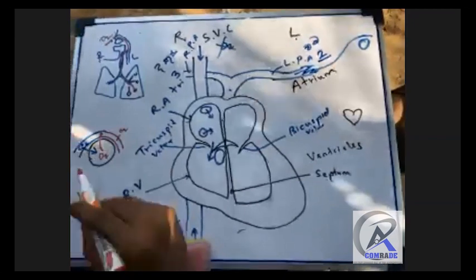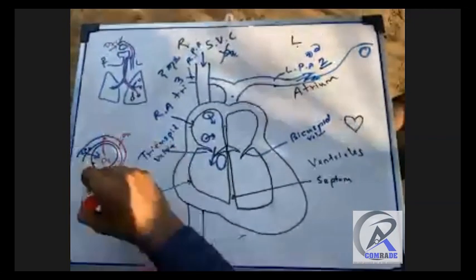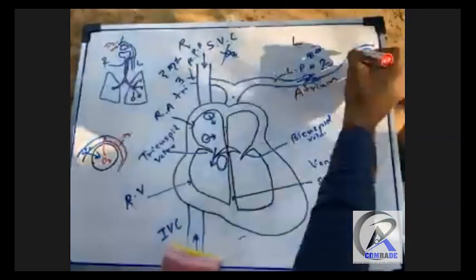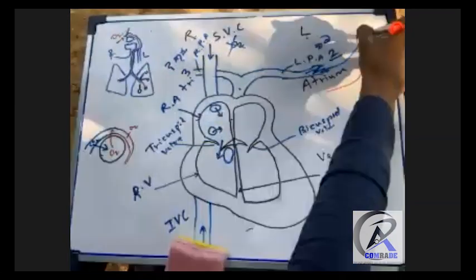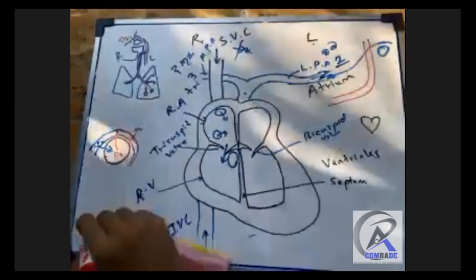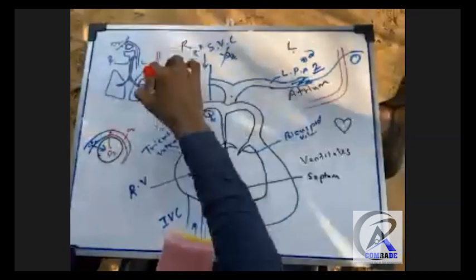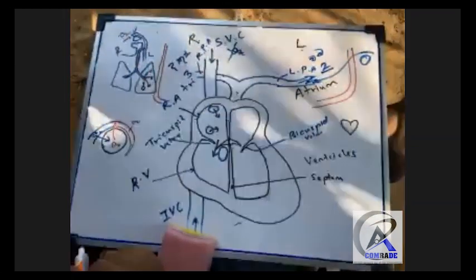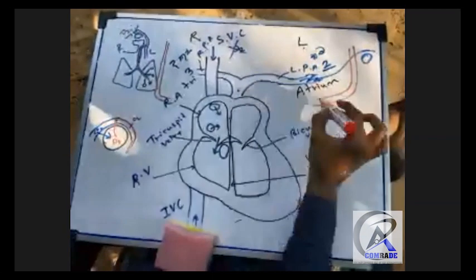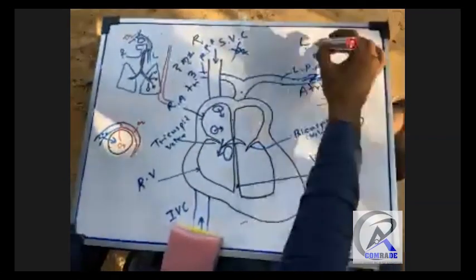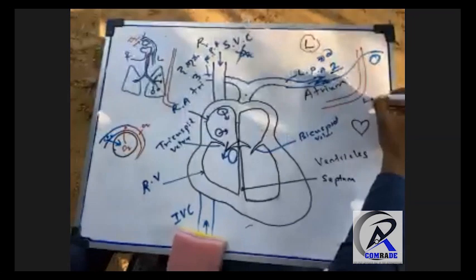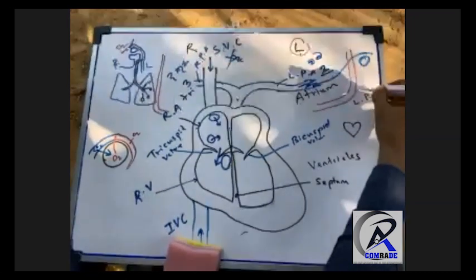And from the lungs, this vessel comes like this from the left side, and from the right side. This is called the left pulmonary vein.